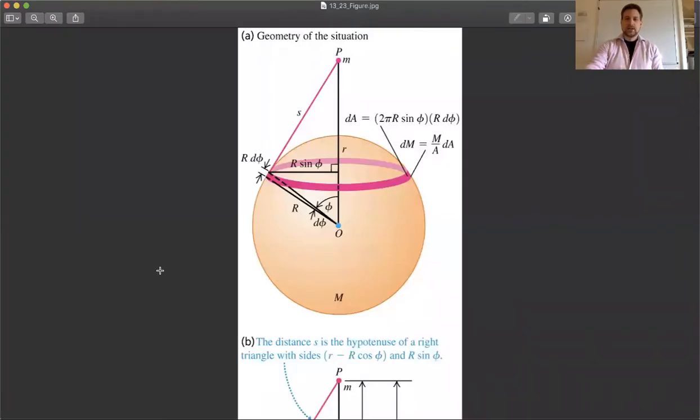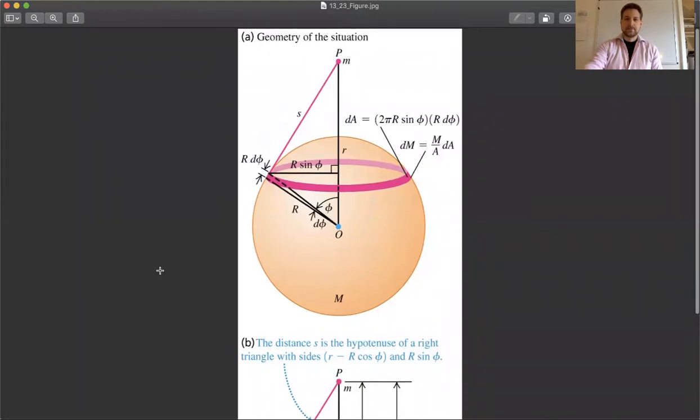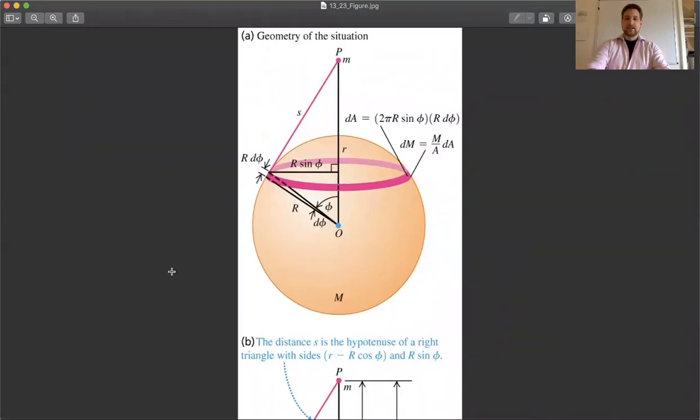Okay, here's the story. We've got that spherical shell, and we are here at point P. For our purposes in the calculus we're about to do, capital R is the radius of the spherical shell. So it's not going to change. It's the same spherical shell the whole time.